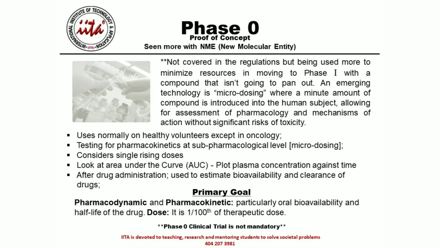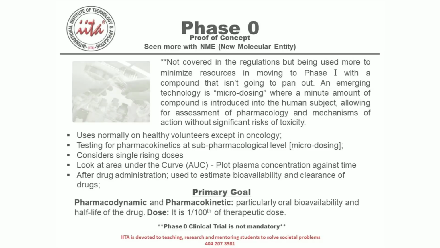After drug administration, we estimate the bioavailability and clearance of drugs. The primary goal of Phase 0 is to identify the pharmacodynamic and pharmacokinetic properties of a drug, particularly oral bioavailability and half-life of the drug. Typical doses consist of 1/100th of a therapeutic dose.